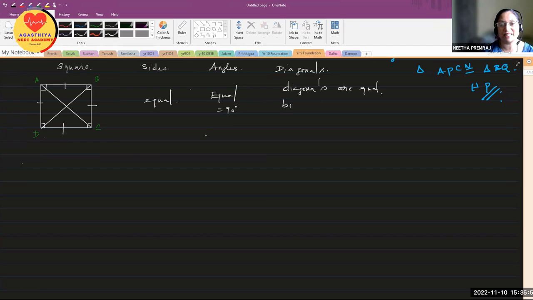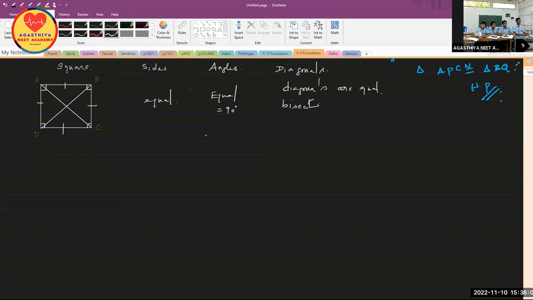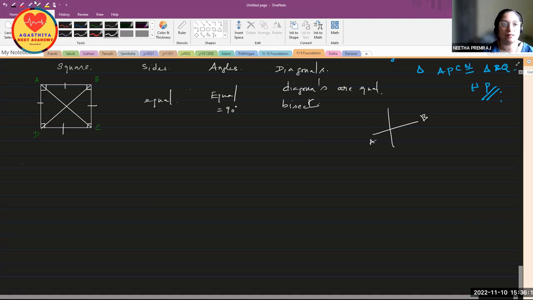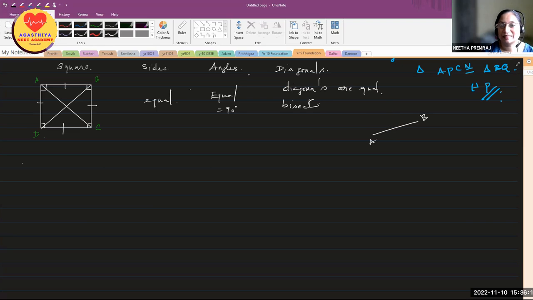What does it mean, bisect? Bisect means, see, there is a line, AB is a line, another line bisects. Oh, I have drawn it wrongly. Bisects means it passes through the midpoint. It divides into two equal halves.